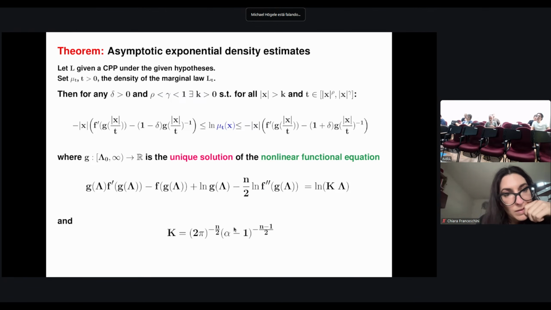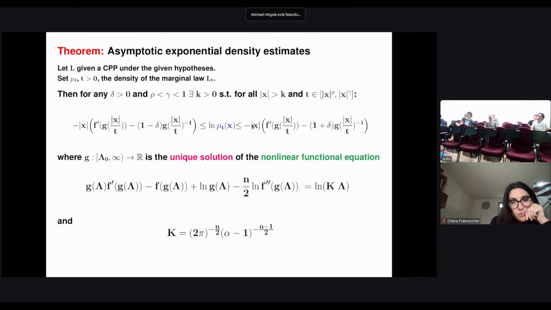Everything relies on good upper and lower bounds for the densities of the compound Poisson process. These are estimates for the compound Poisson process, and this is an extension of the work Thorsten has been doing in the simpler, one-dimensional case I was talking about before.